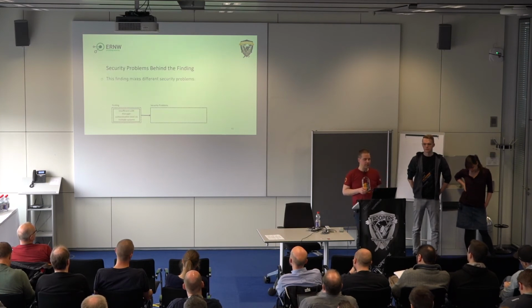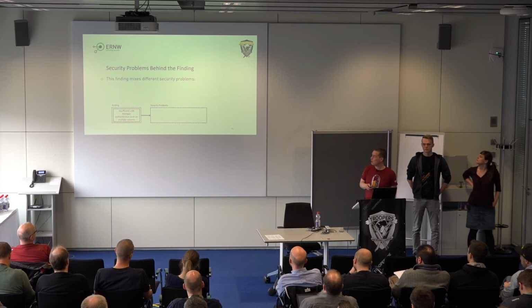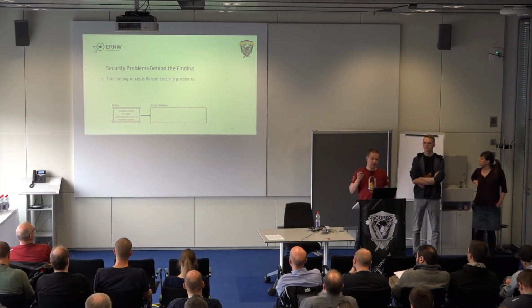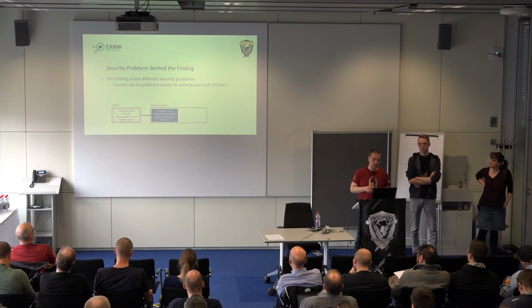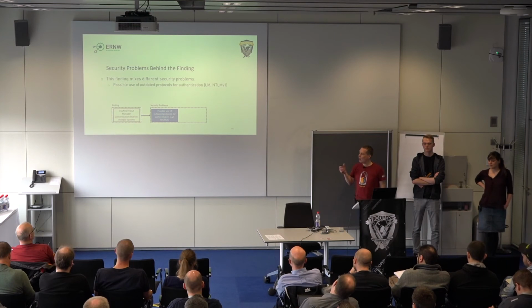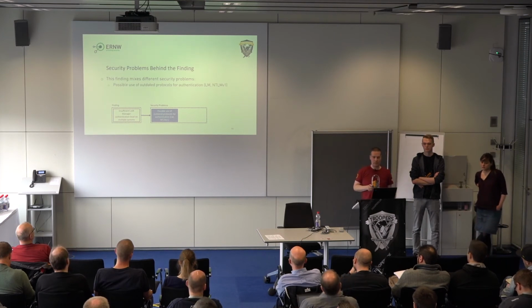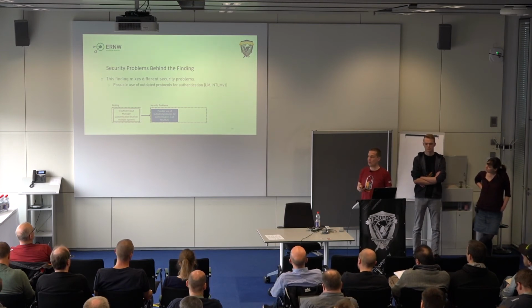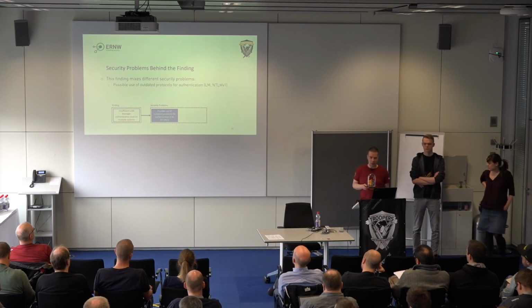So if you look at the security problems behind the finding, you might come to find that there is more than one security problem. The first security problem is that outdated authentication protocols are in use. That is LM and NTLM v1.